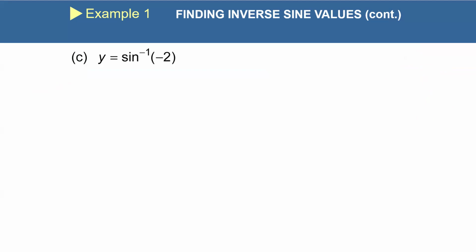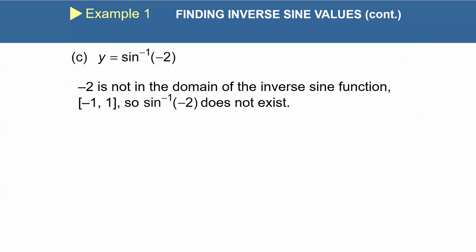All right, now what happens when we start getting to values that are not on our unit circle? We do not shut down. So we have y equals sine inverse of -2. This is what happens: -2 is not in the domain of the inverse.